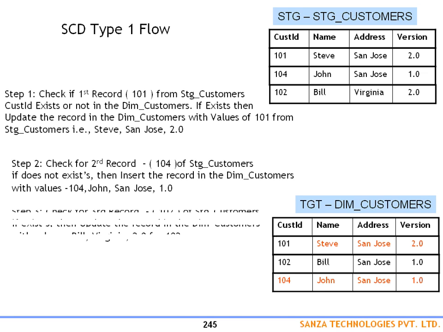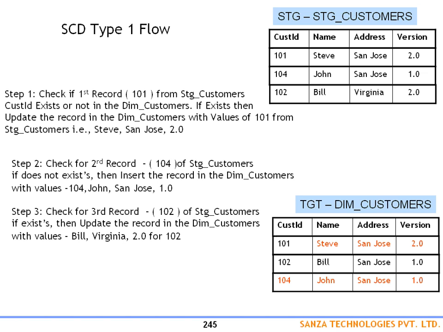Then the next record, the third record 102, comes in from the stage customer table. Does it exist or not? It exists in the dimension customer table, so we will update the records with those values in my dimension table. So this is the logic of SCD type 1.